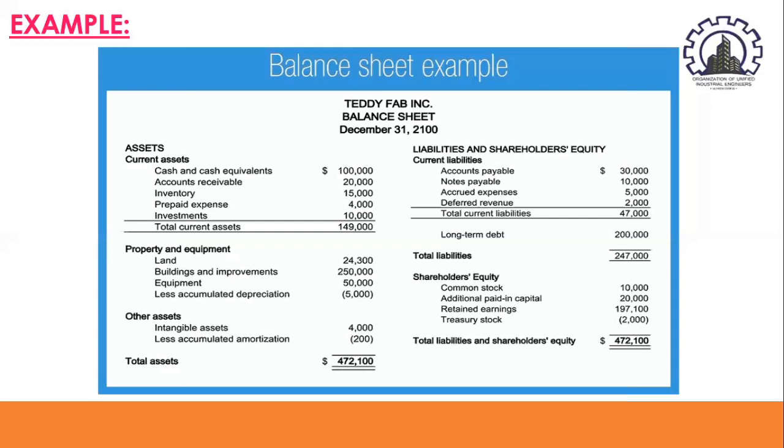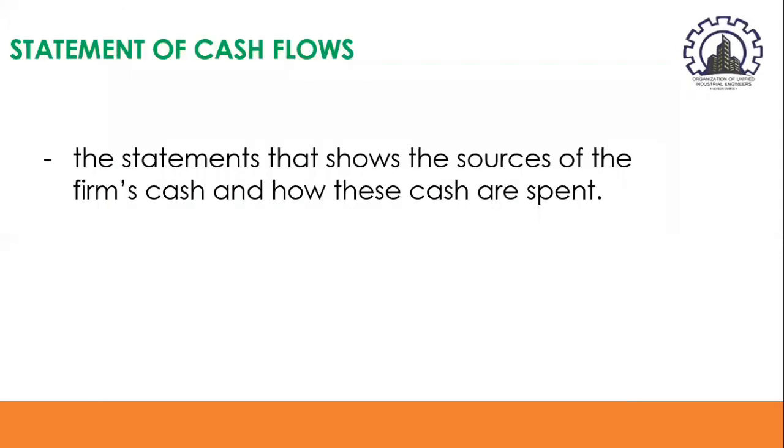Okay, so the next statement that we have, that would be statement of cash flows. So this is the statement that shows the sources of the firm's cash and how these cash are being spent. In other words, this is the statement that gives information to the users about the cash sources and the cash uses of the business enterprise during a given period of time.